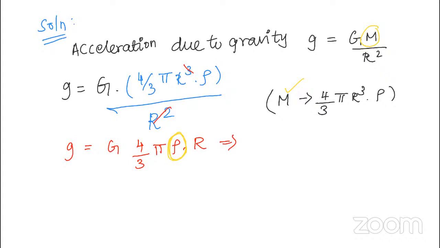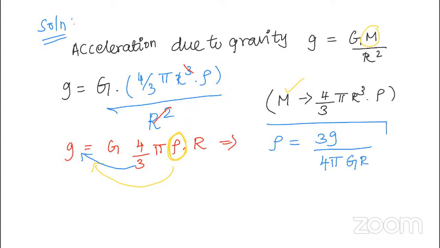So rho we can keep on this side, and all these values we have to bring to the other side. Then finally, we are getting rho is equal to 3g divided by 4 pi G into R. Okay.